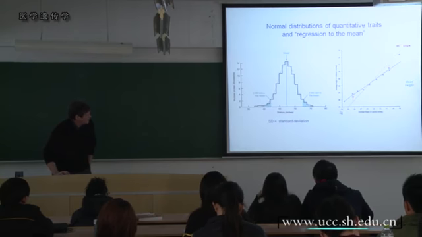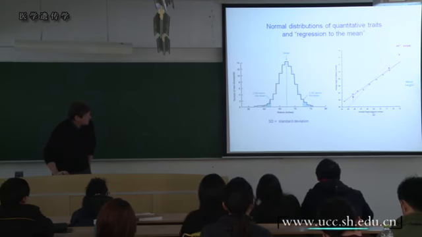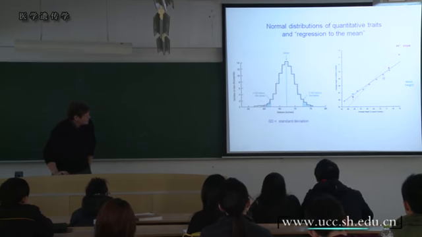Now, this graph shows what happens when you take the average height of the parents, so you take the average of the mother and the father, and plot that on the x-axis, and then the average height of the children. What Galton found is that you get a curve that looks like this blue line. Now I've drawn in what a 45-degree angle would be for this data.